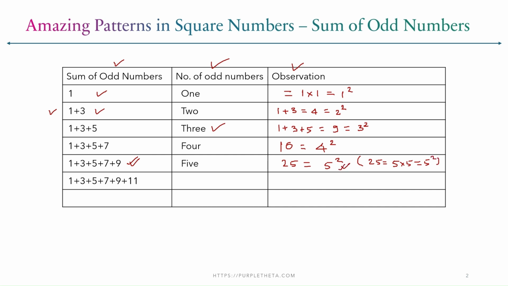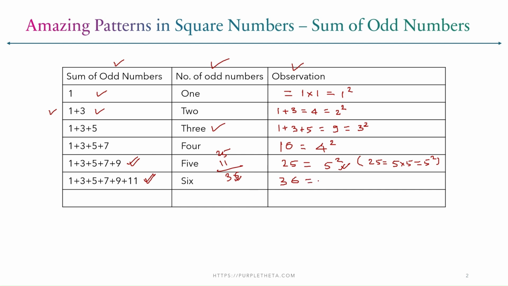After that, we are adding the first six odd numbers, that is 1, 3, 5, 7, 9, and 11. The sum of the first six odd numbers is 36. Because the sum of five odd numbers was 25, and with 25 I'm adding 11, that gives 36.